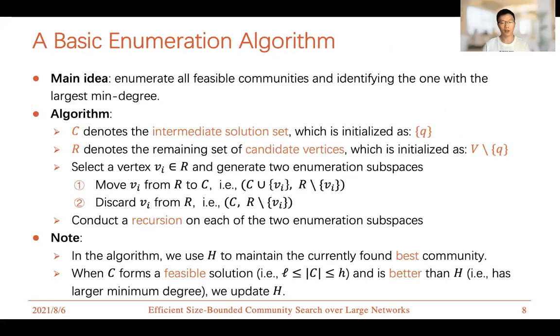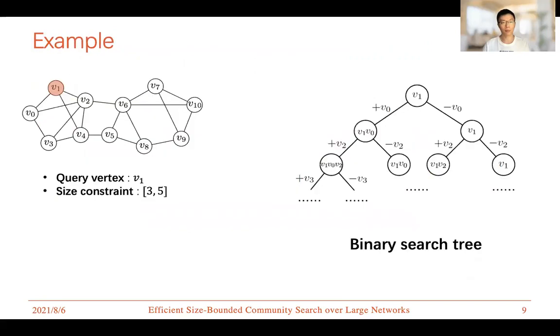Note that we use H to maintain the currently found best community. When C forms a feasible solution and is better than H, we update H. Let's see an example. Suppose the query vertex is V1, size constraint is 3 to 5. The enumeration process can be depicted as a binary search tree.